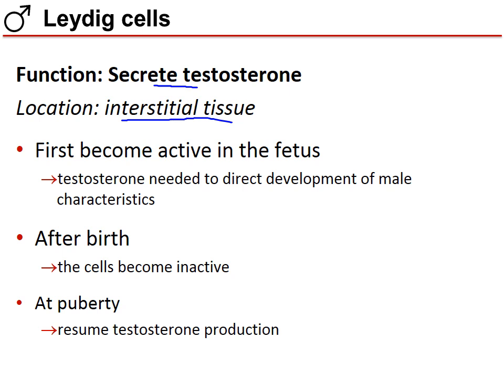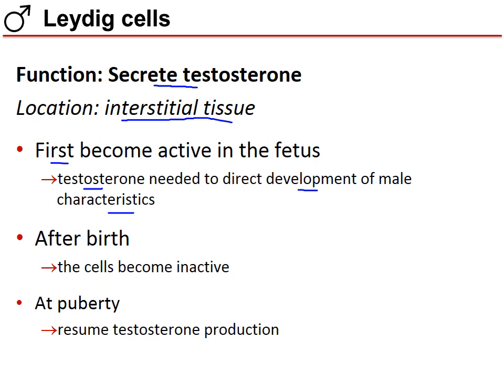And these Leydig cells go through phases of being more active and less active, or quiescent. They first become active in the fetus, when testosterone is needed to direct the differentiation of the male characteristics.